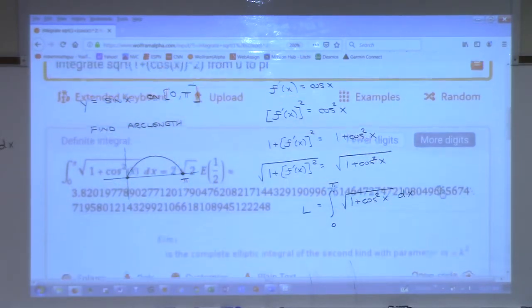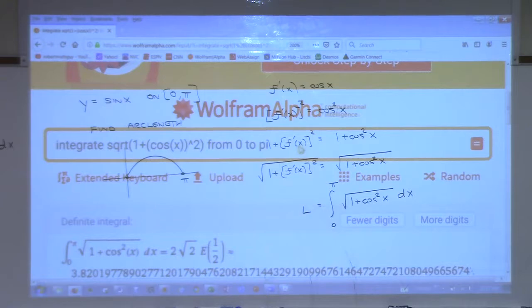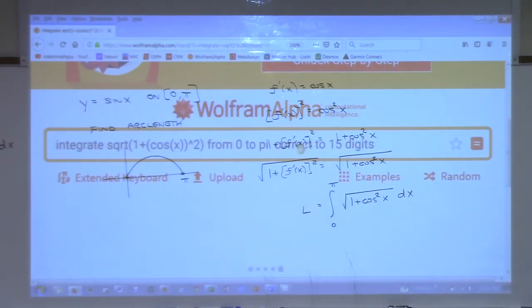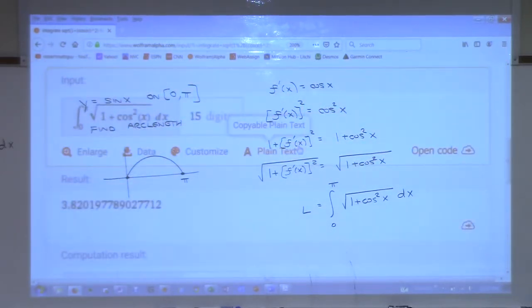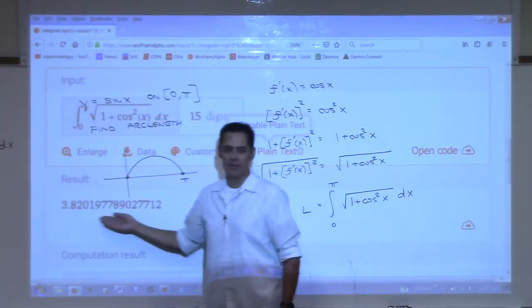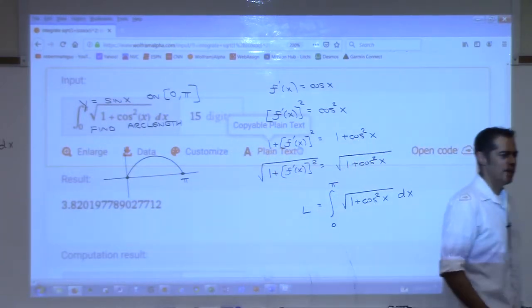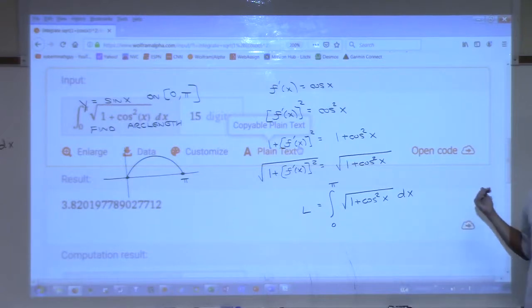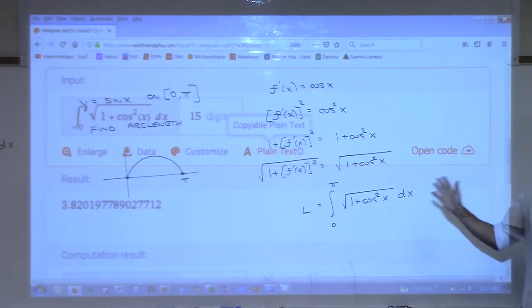I was curious though, could I just say up here, correct to 15 digits? Let's just see what it does. There it is. So it can do that as far as we want.